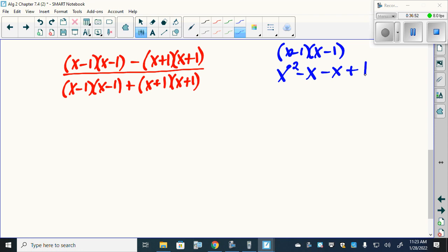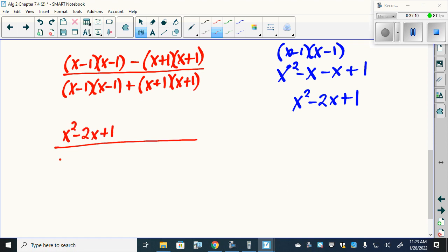Negative 1 times x would be negative x, and negative 1 times negative 1 is 1, so that gives us x squared minus 2x plus 1. So over here, in both of the first terms, we get x squared minus 2x plus 1.